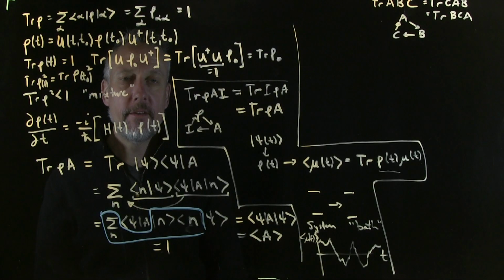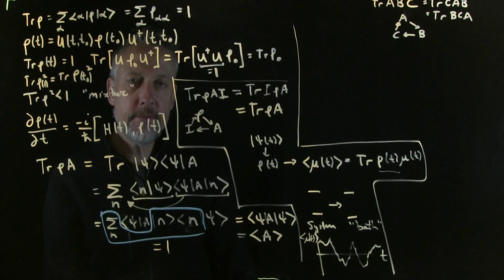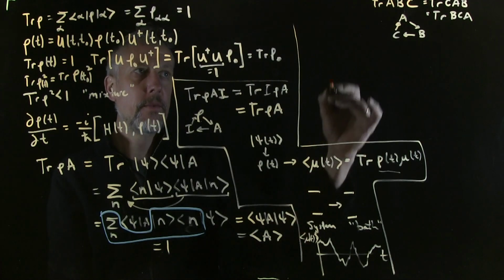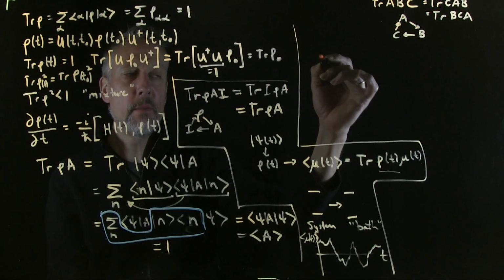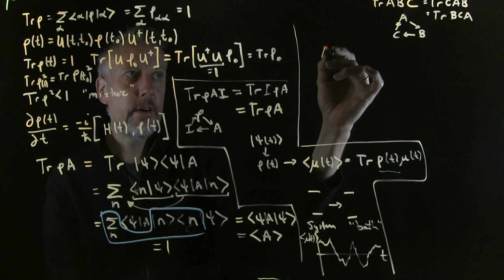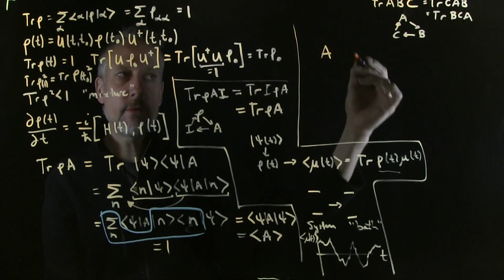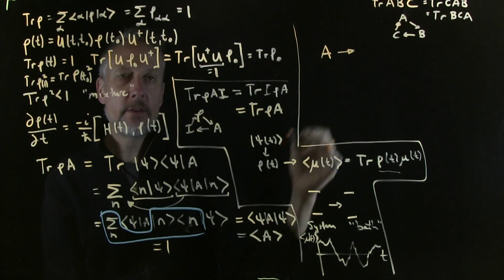One other property of the trace that's very interesting is that the trace itself does not depend on the basis that you use. And that is a really amazing thing, but it just follows from this. So imagine I have, for example, an operator A. I can transform this operator into another basis.